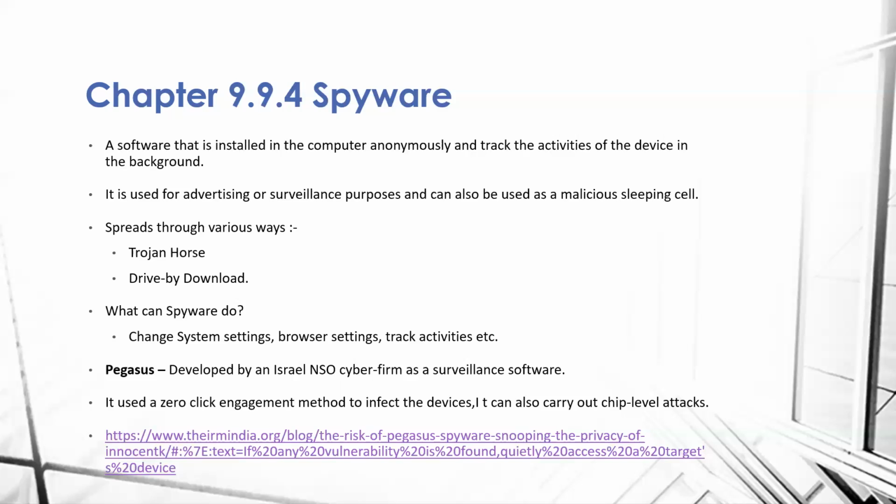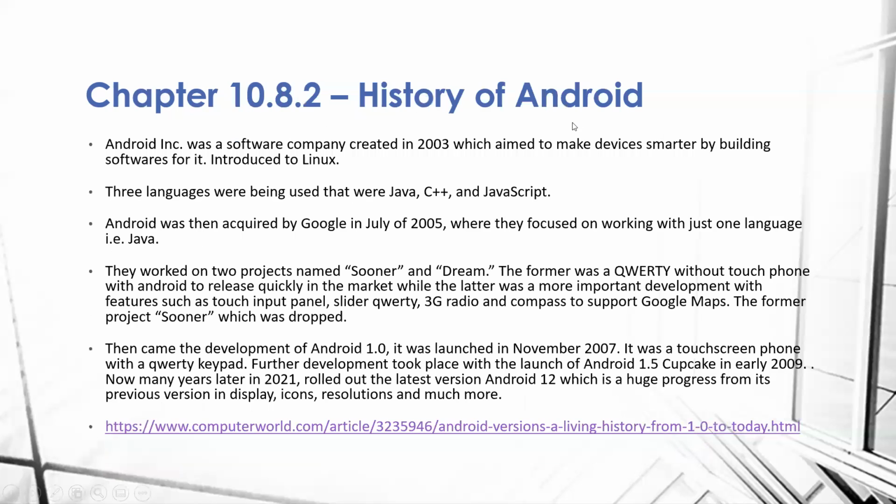It means it uses network injection attacks on devices remotely. It can also carry out chip-level attacks. So even after a factory reset, it can stay on the device, making it much more difficult for normal antivirus to detect its presence. So it's one of the most recognized spywares.